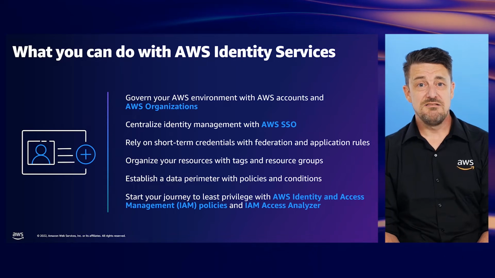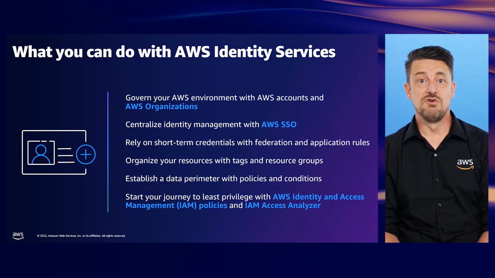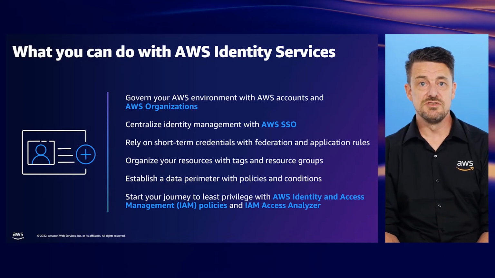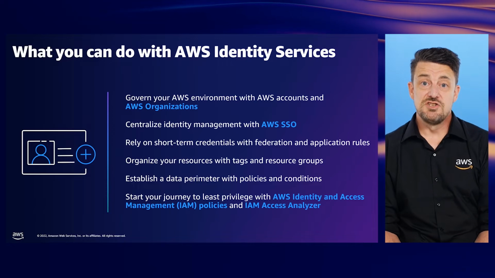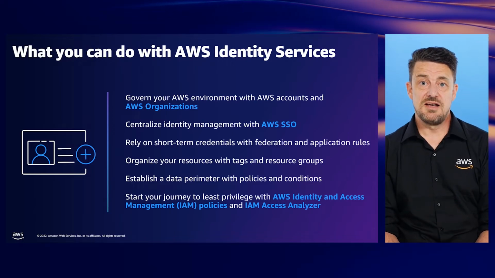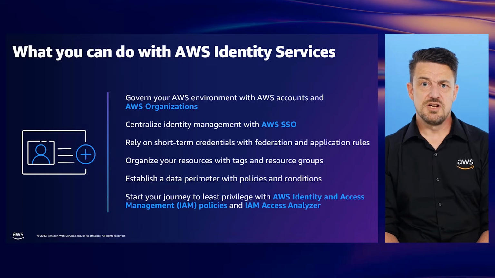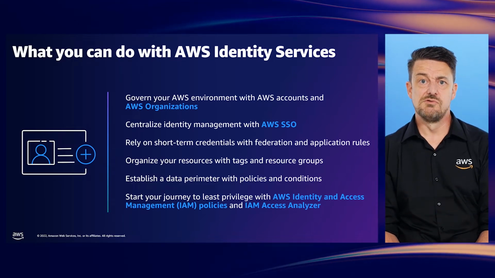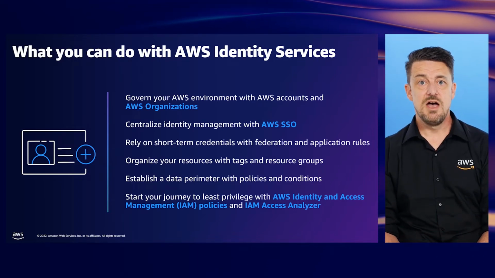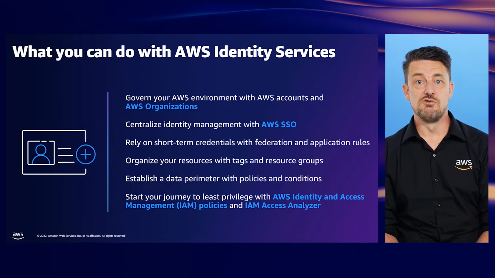You can use tagging and resource groups to organize and control access to your resources. You can establish a data perimeter to limit the use and access to your AWS resources. And then you can use tools such as IAM Access Analyzer to refine your privileges over time as you move towards least privilege in your environment.